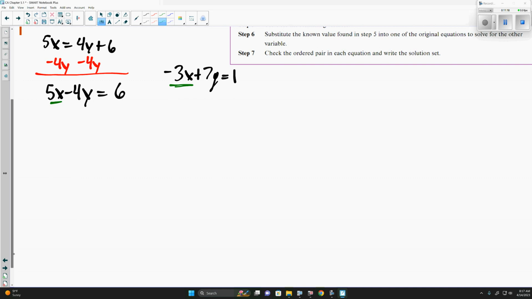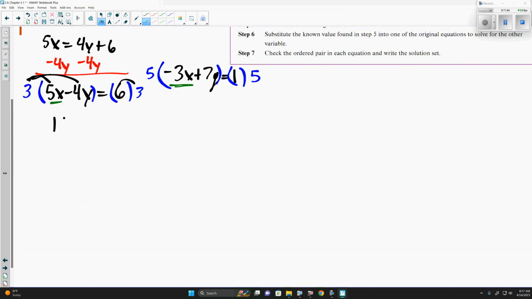If one of them's positive, one of them's negative, both positive, both negative, it doesn't make too big of a difference there. But to get them to be the same, we're going to need to multiply this entire equation by 3. And we're going to need to multiply the other equation by 5.